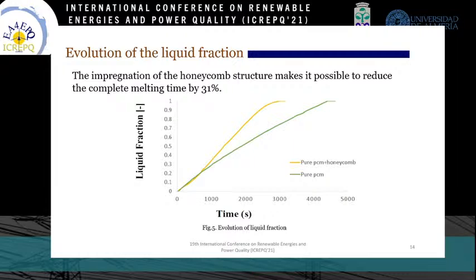In the early stage, we note that the evolution of liquid fraction is similar and linear for both configurations, and the heat transfer is mainly by conduction. We also note that the increase in the rate of liquid fraction for the latent heat storage unit with the metallic matrix is faster than the unit with the pure PCM. Furthermore, the impregnation of the honeycomb structure makes it possible to reduce the complete melting time by 30%.